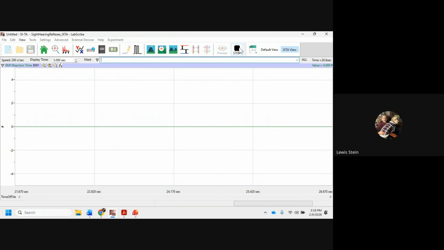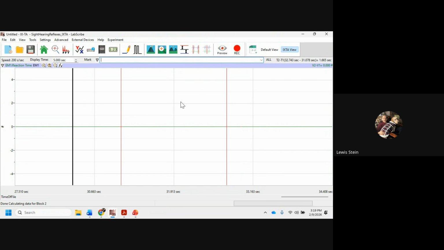And this gives you, as you can see, it's calibrating. Are you stopped now? Stop. So you can begin to see this, and we can calculate the amount of time that was involved.